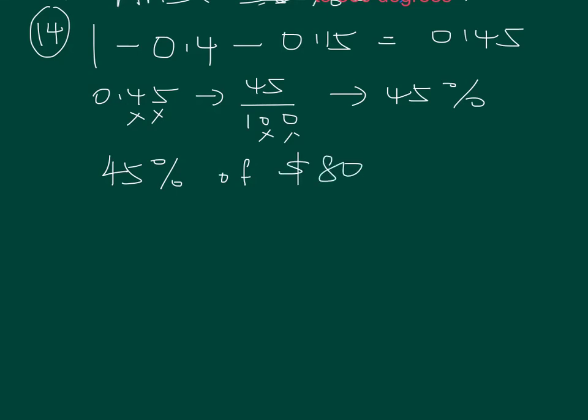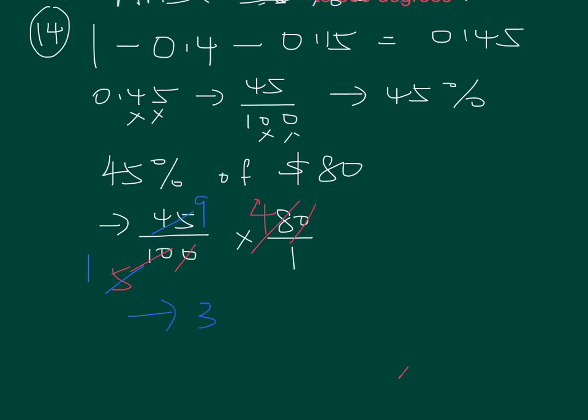That was his original sum of money. 45 over 100 times 80 over 1, cancelling, divided by 2, divided by 4 is divided by 2 is 4, divided by 2, this is 5, 5 divided by 5 is 1, 45 divided by 5 is 9, so 9 times 4 is 36. So question 14, my final answer is $36.